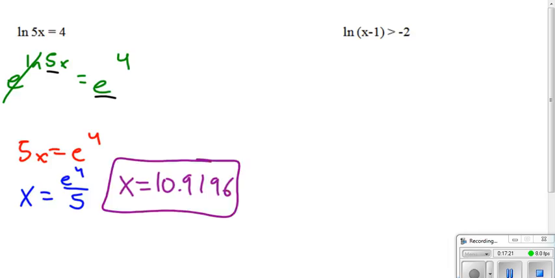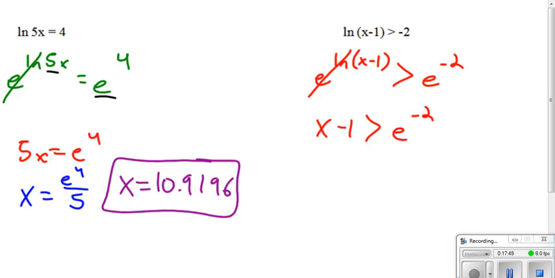Perfect. And for this last one, we have an inequality. So again, we do the same thing we would do with any equation, just making sure to follow the properties of inequalities. So I would do e to the power of both of these. e to the ln of x minus 1 is greater than e to the negative 2. That makes these cross out, so we just have x minus 1 is greater than e to the negative 2.